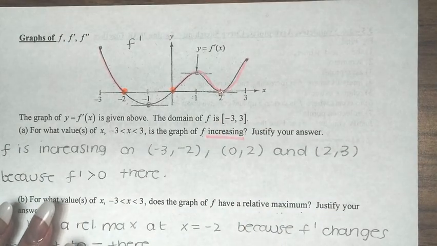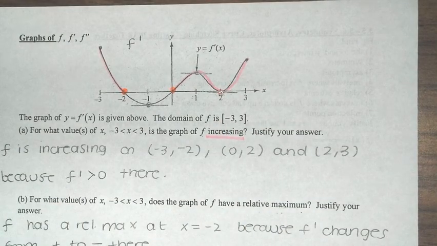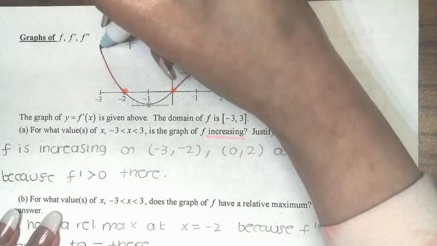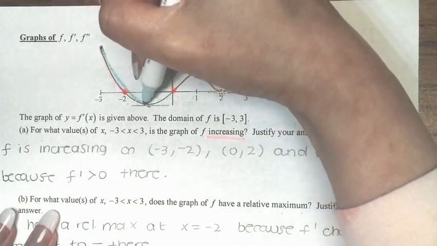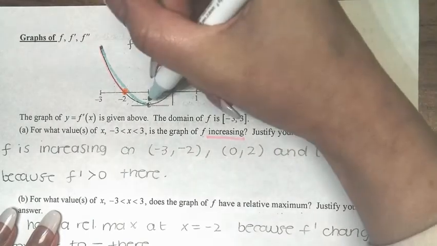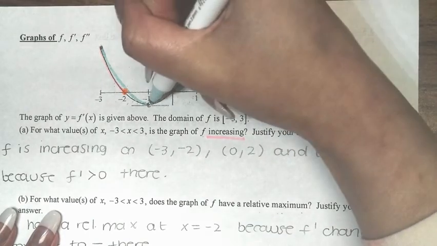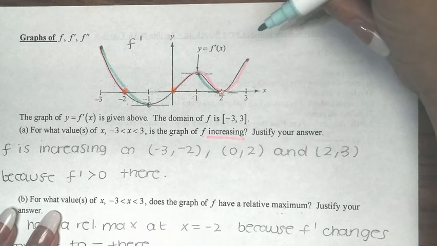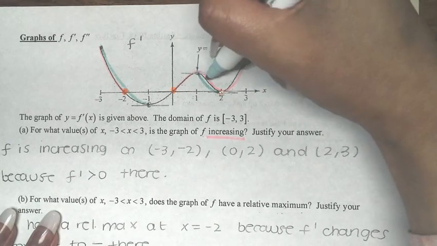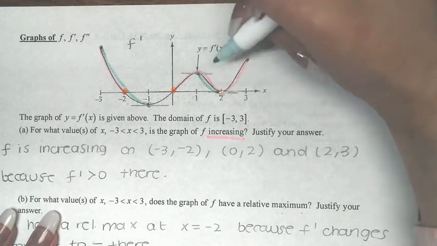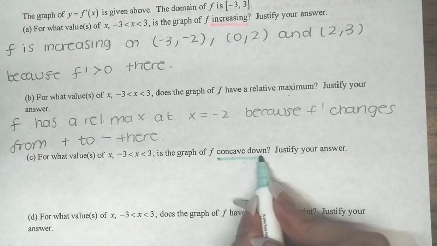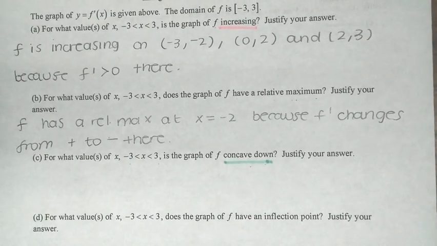In addition to that, we want the concave down. Concave down happens when my f prime is decreasing. So this means that this is happening here. This is concave up because it's increasing, and then concave down is going to be this situation over here because f prime is also decreasing on this interval, okay? So as you can see, when we talk about concave down, we're talking about two intervals for this situation.